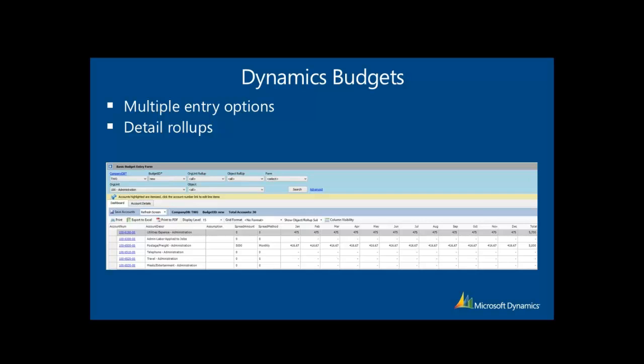And for all of these packages, for Excel-based budgeting, for Full Circle, and for Dynamics Budgets, the typical budgeting things where I start with last year's budget, or I start with a different budget, or I start with last year's actuals, or I start with blank, all of that's present. All of these can do that. You can also do adjustments.